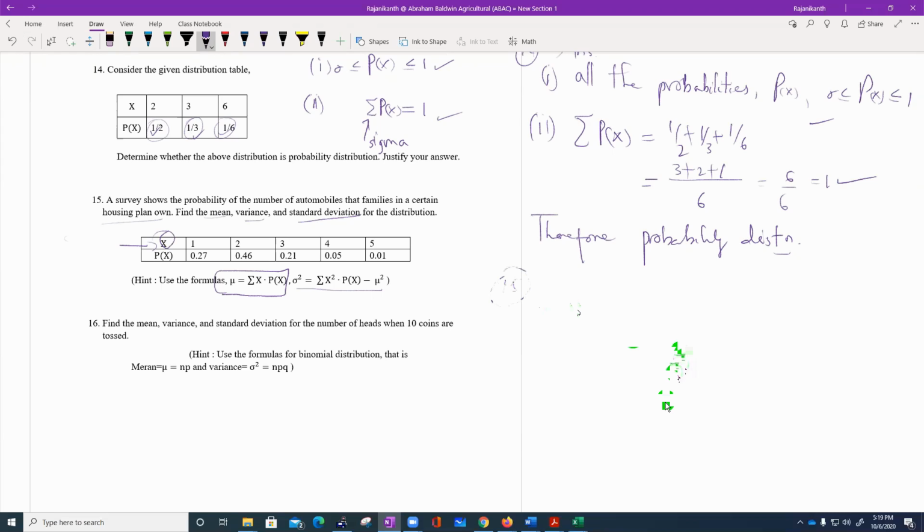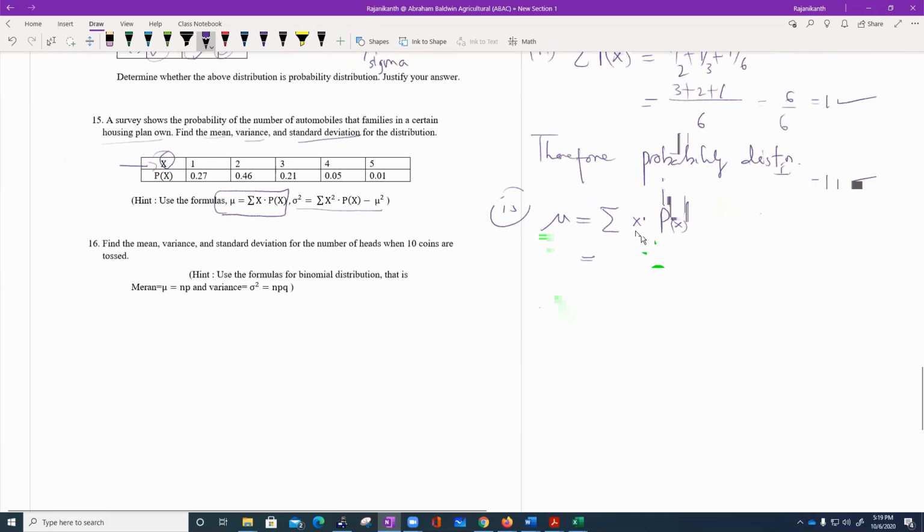Problem number 15. So I'm finding the mean first, right? I'm using the first formula, summation of x times P(x). What does that mean? This means take the first possible x value and multiply it with its corresponding probability. In this problem, how many different x values? 1, 2, 3, 4, 5 different x values. So you have to add 5 times. The first possible x value is 1 here, so 1 multiplied with its probability 0.27.